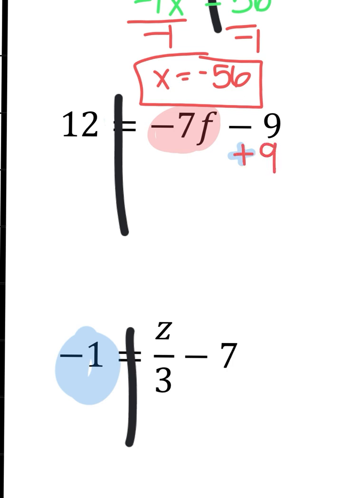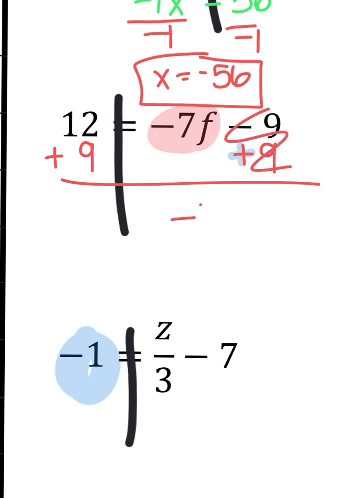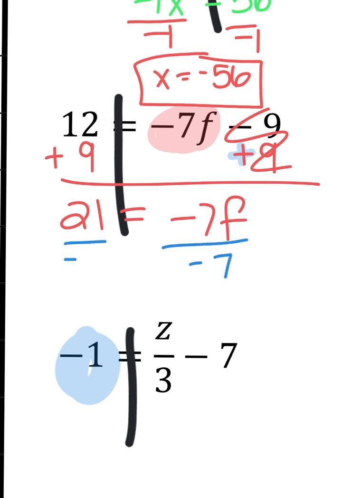Whatever I do to the right side, I have to do to the left side. I'm going to get -7f over here, and I'm going to get 21 on the left side. All right, now I have a term left where it's -7 times f. The opposite of timesing is dividing, and I'm going to get f equals -3.